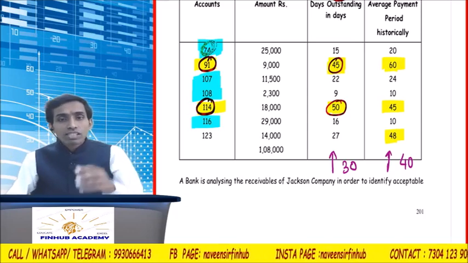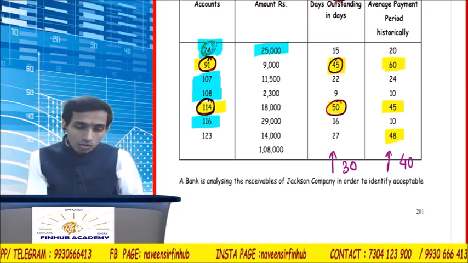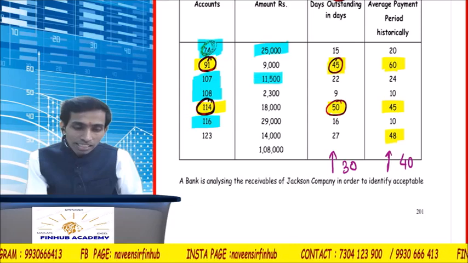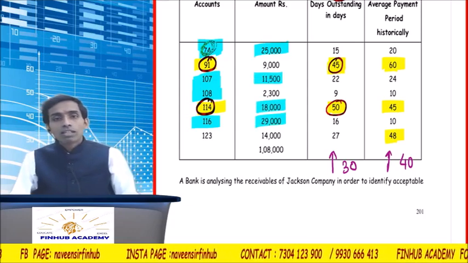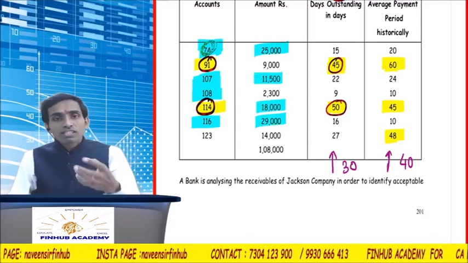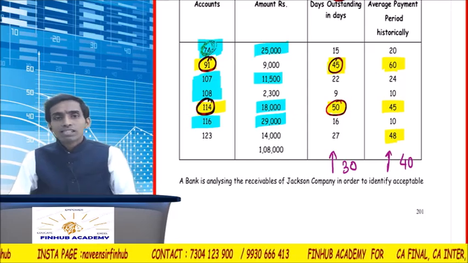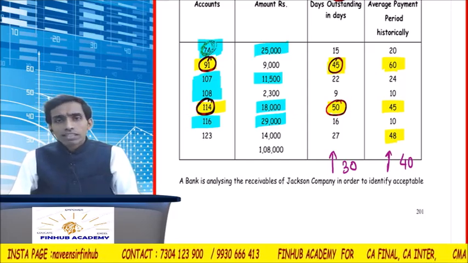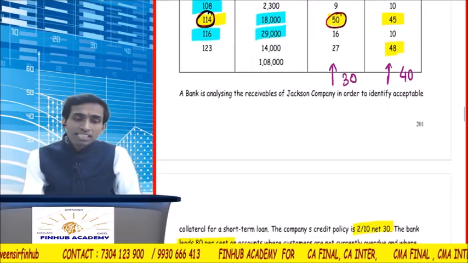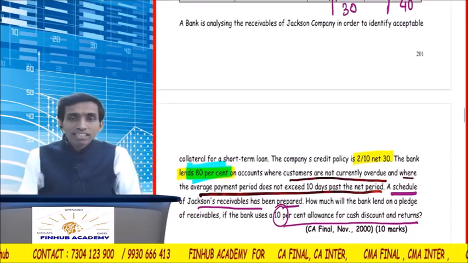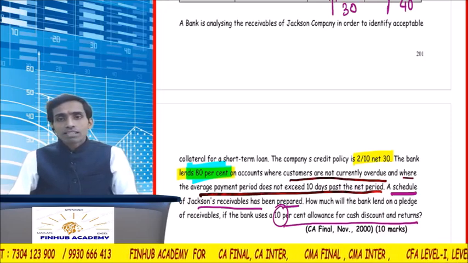When I select these, whatever is the amount, the bank believes that 10% will be cash discount, either the company gives cash discount and they pay, or there will be returns. And what is the next condition? They will lend how much? 80%. Is it clear, guys?